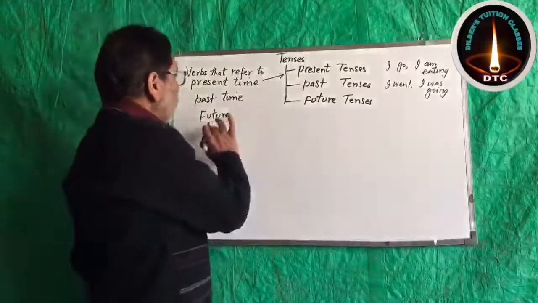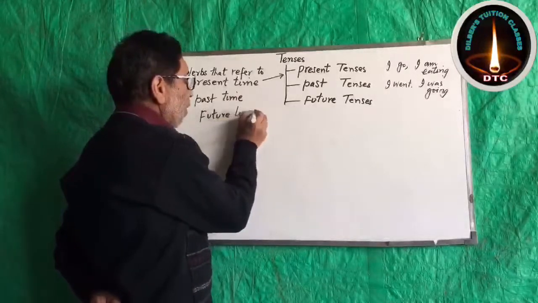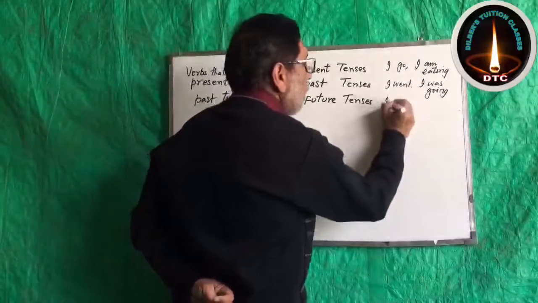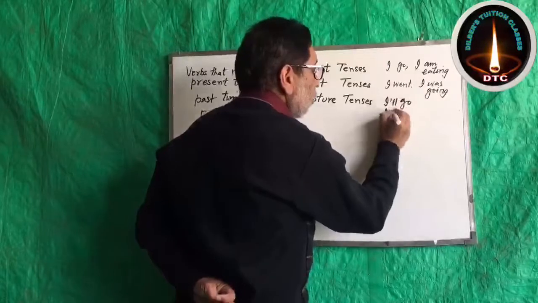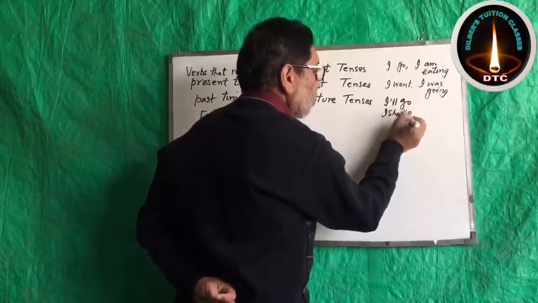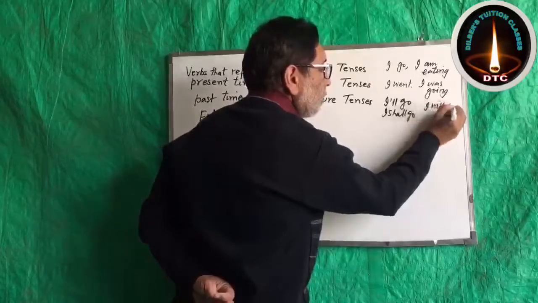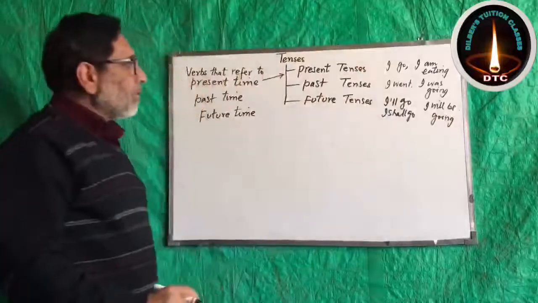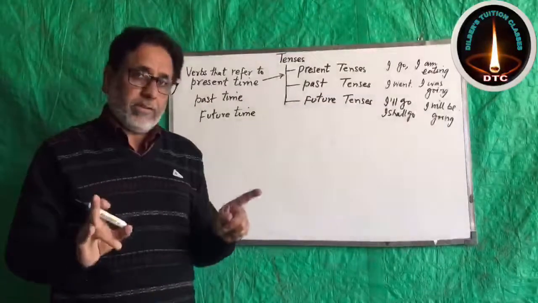So the verbs that refer to future time are called future tenses, as in I'll go, I will go, I shall go, I'll be going, etc. So this is simply something we can know about the tenses.